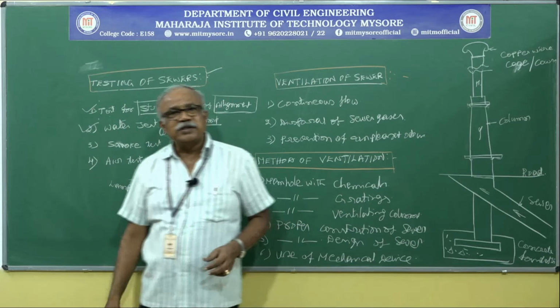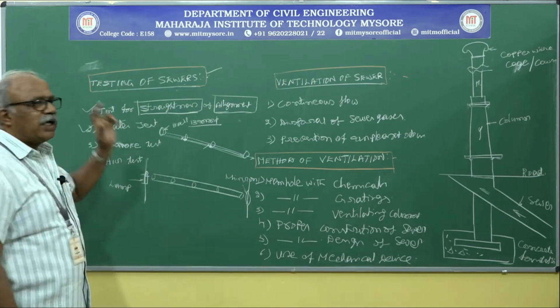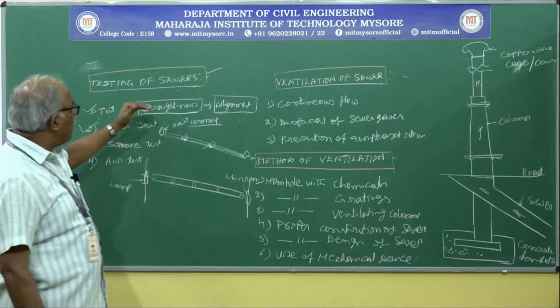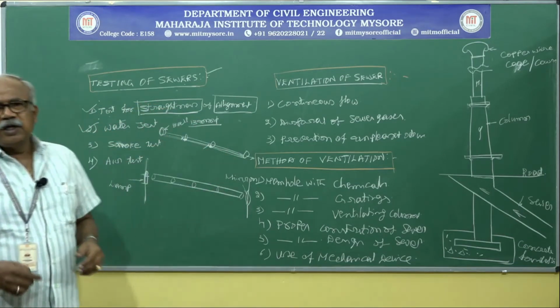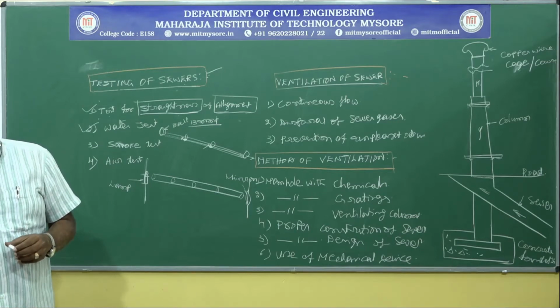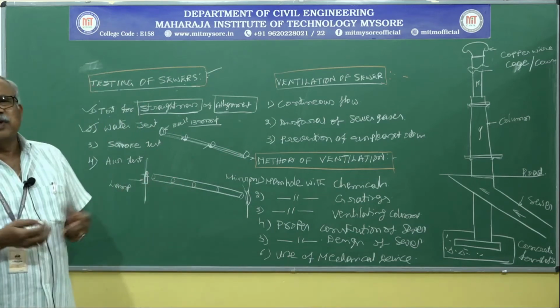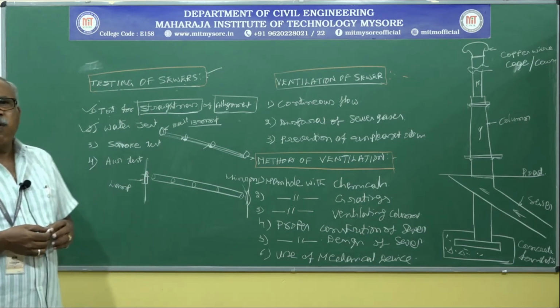What do you mean by water test? After laying the sewer lines, water can be allowed to flow in the conduit. Water means wastewater or water, whatever it may be.